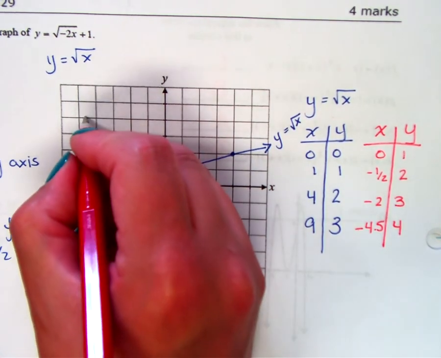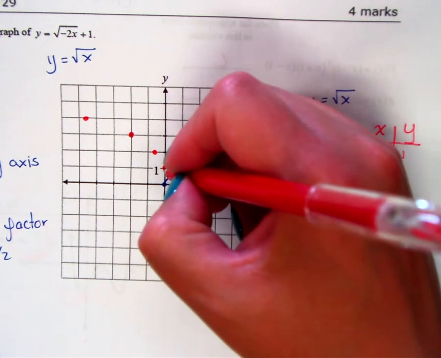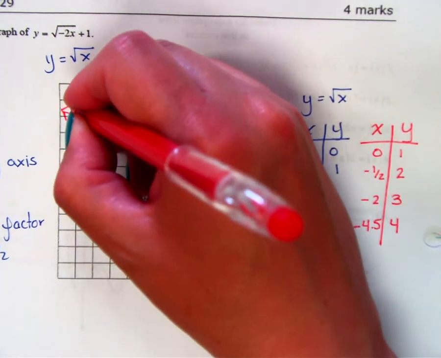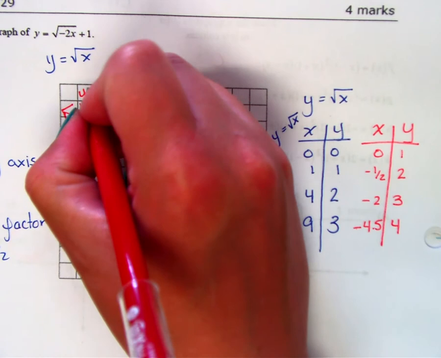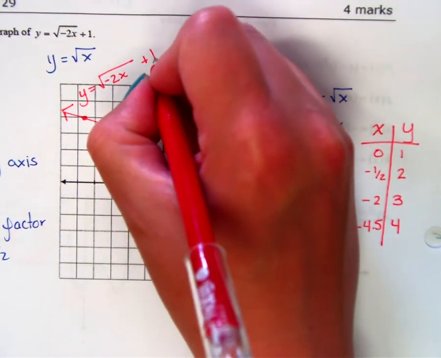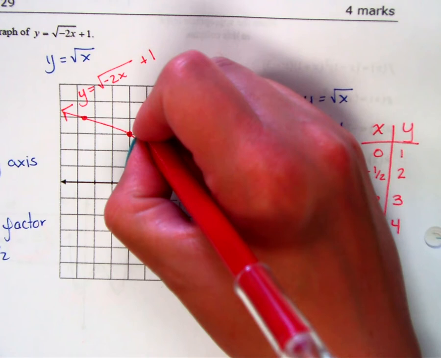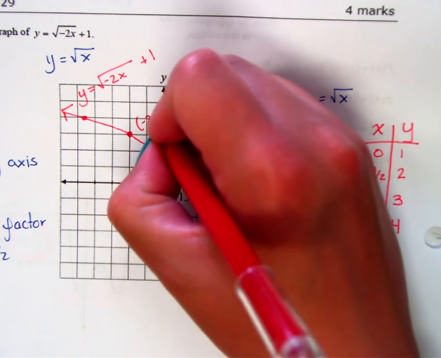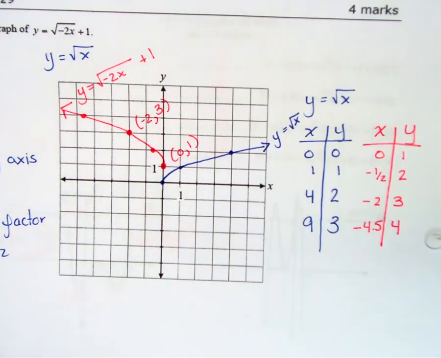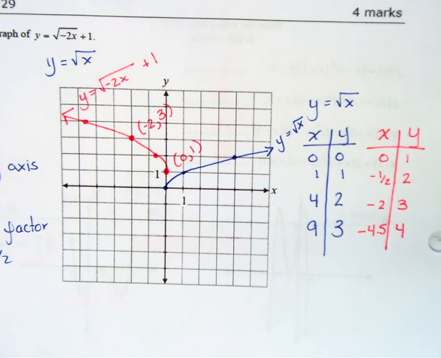And so that's my y equals, and I'm going to label 2 points. Are you guys good with that?